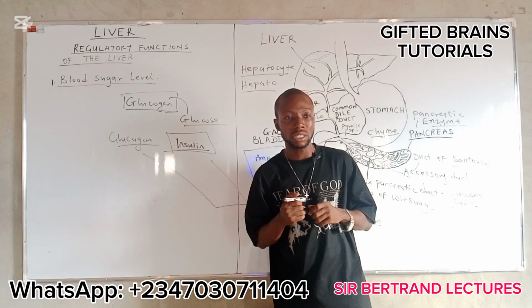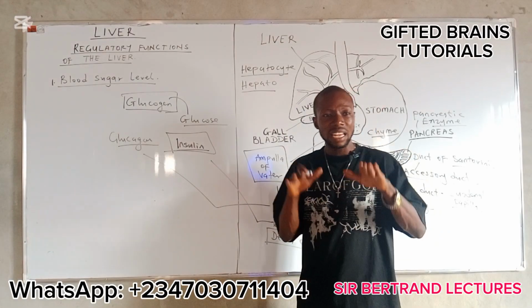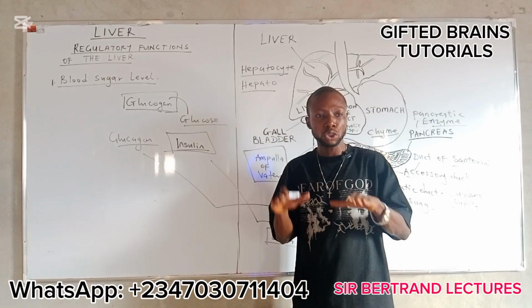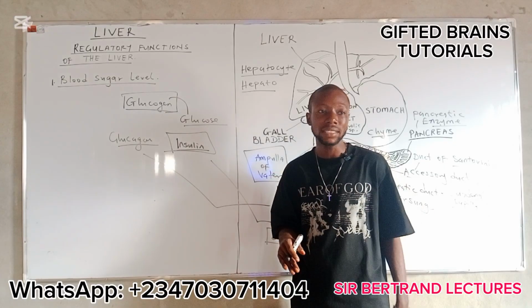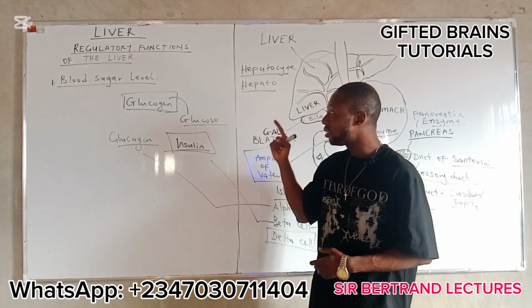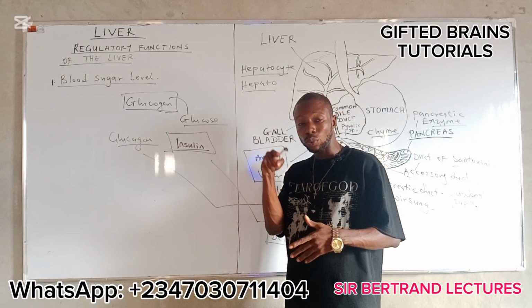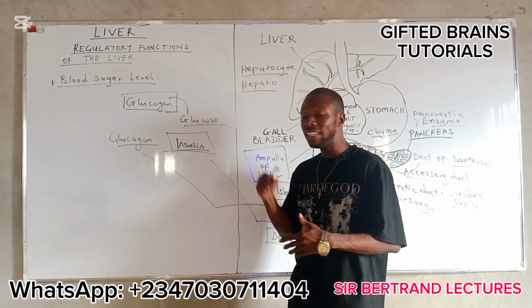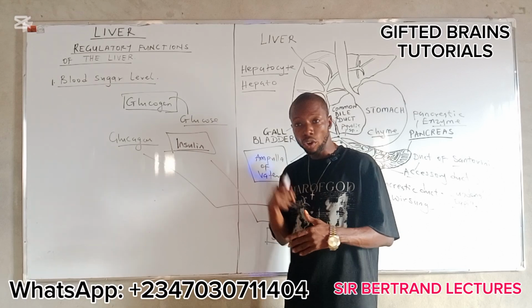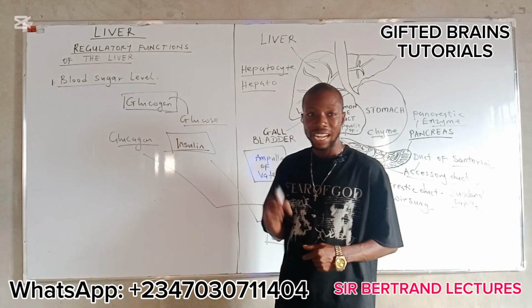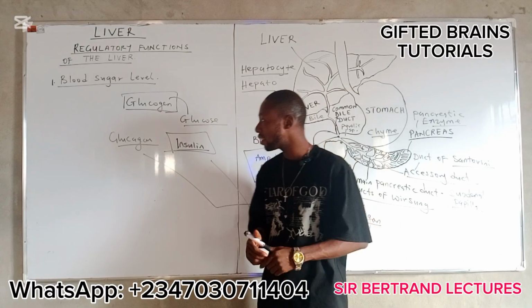So if you look at this function here on the board, the liver has a regulatory effect to maintain and keep the blood sugar level constant. And you can also say that the liver is one of the key osmoregulatory organs we have in the human body, as we discussed in the last video.